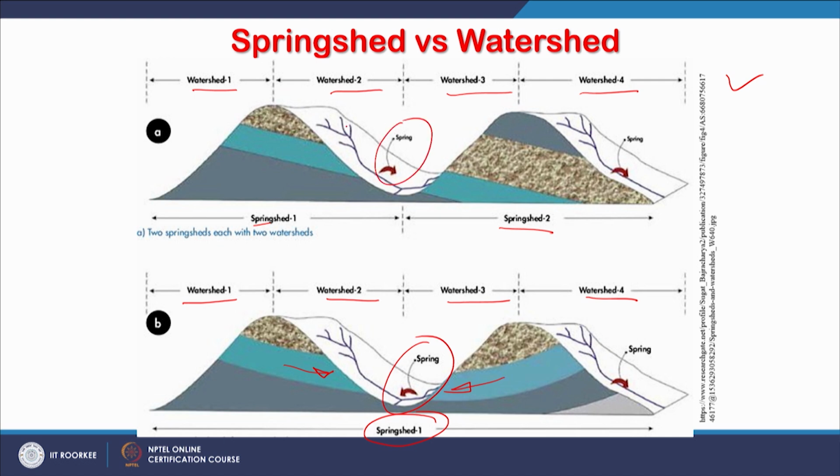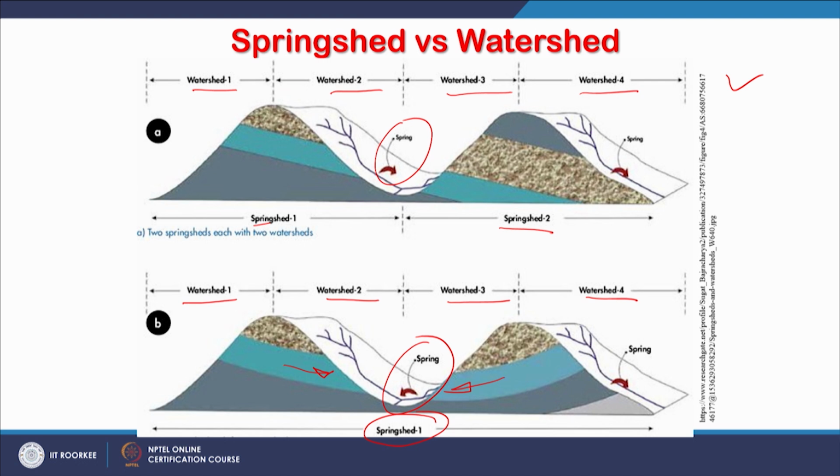Here it was there also, but the geological setup in figure B is completely different, and therefore, the size of the springshed is quite big, 4 times the watershed.